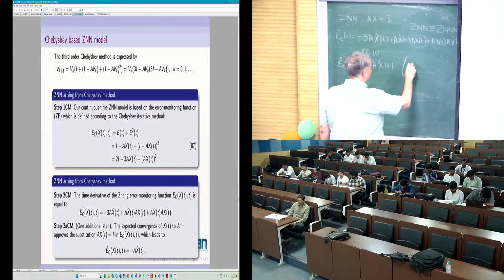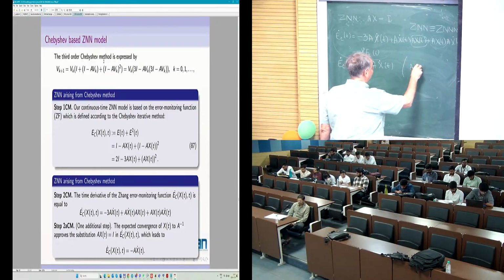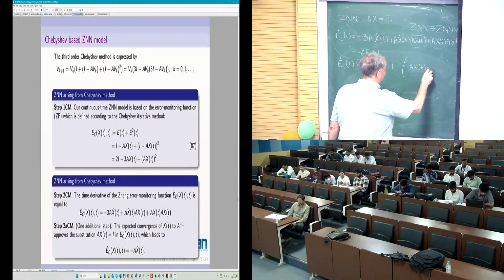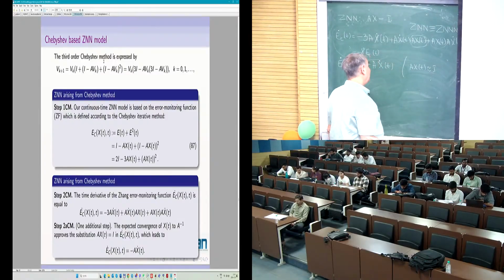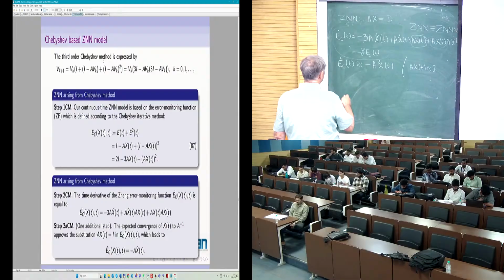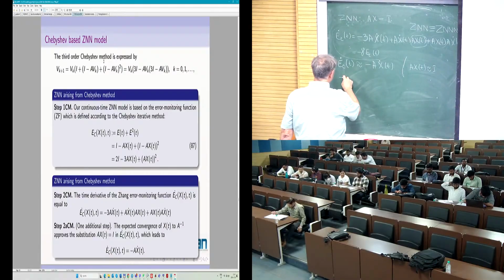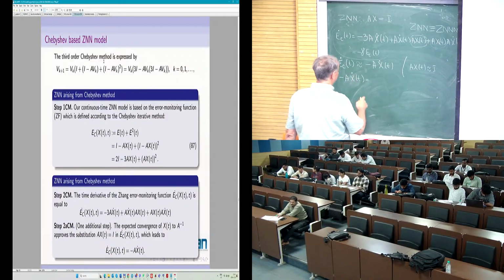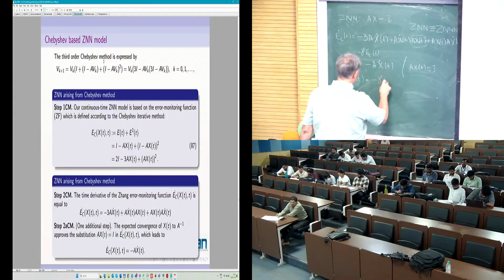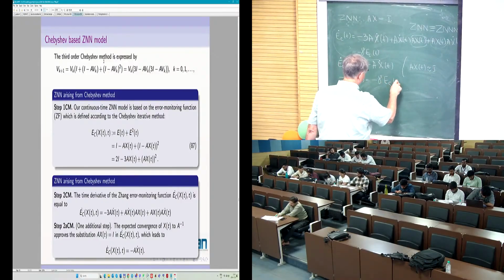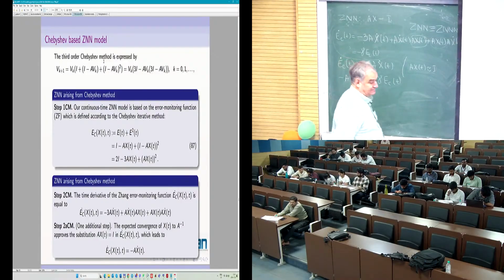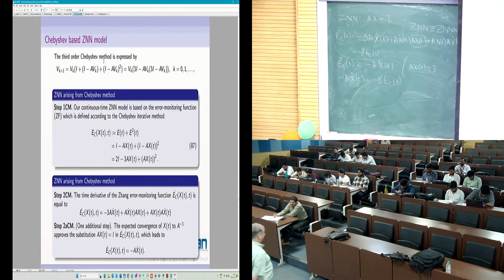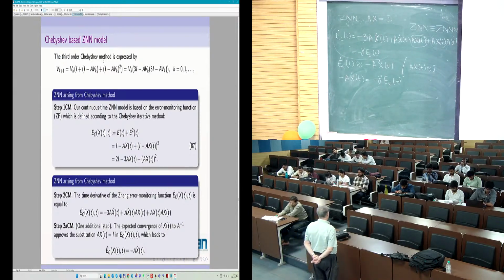Again, we assumed and then continued: minus A X dot of t is equal to minus gamma E_C of t. We saved the right-hand side, and it was our new model.